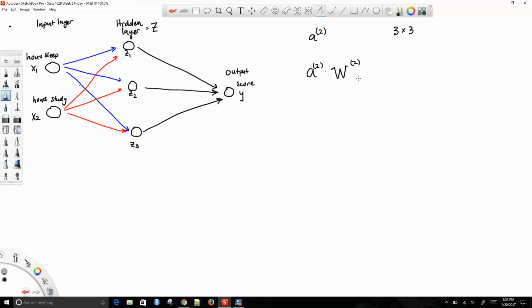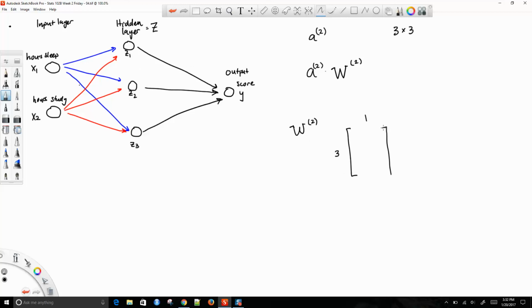What are the dimensions of the second weight matrix? 3 by 1. So W2, we've got three coming in and 1 going out.